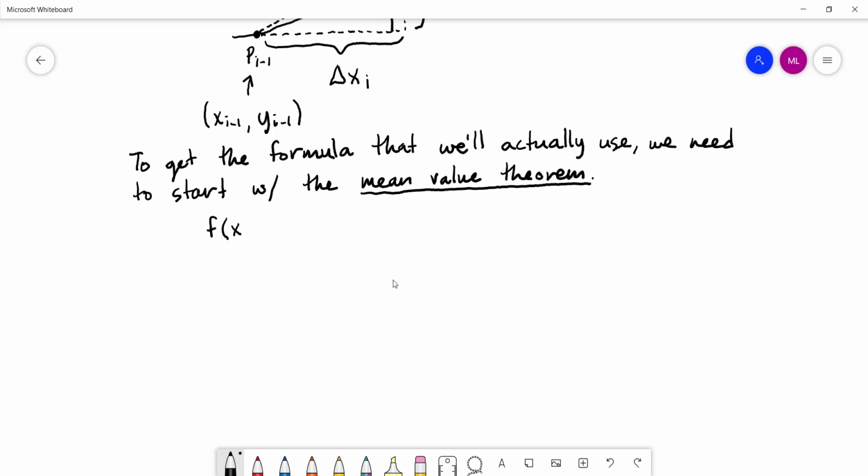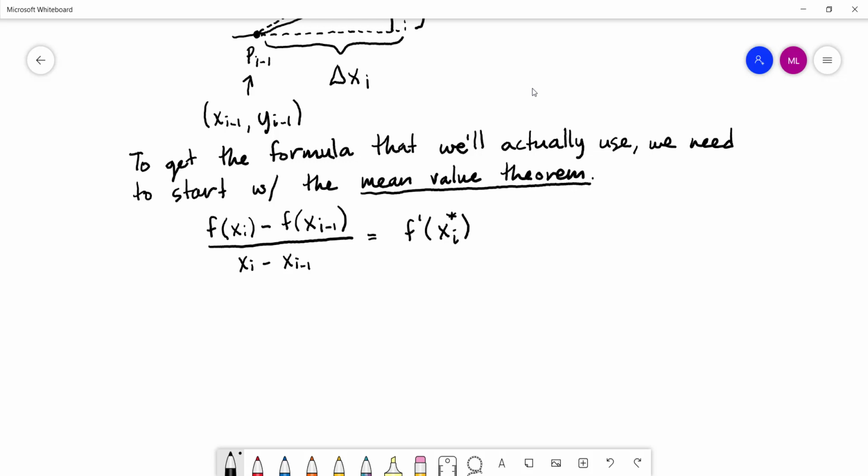So it says that if I take the function evaluated at these two neighboring points, so these are basically my two y values, and then I divide them by the difference between the two x values, we will wind up with f prime of x sub i star at some point somewhere on that interval.